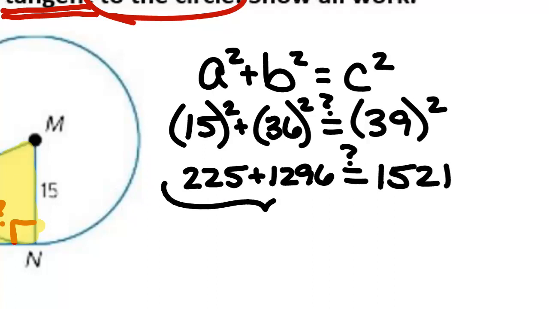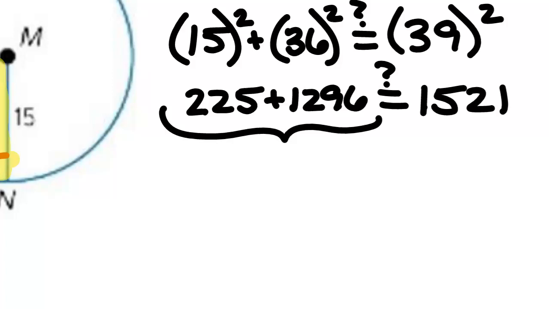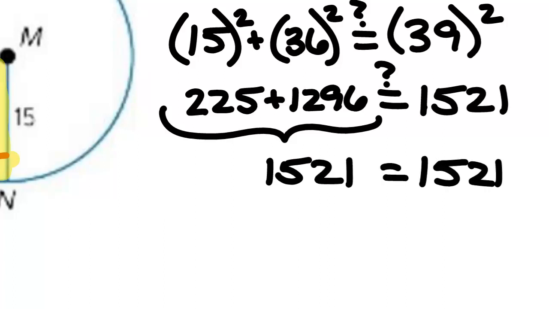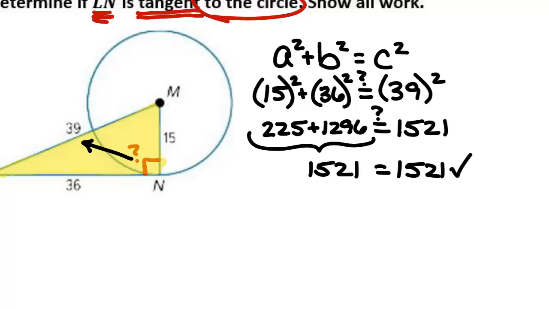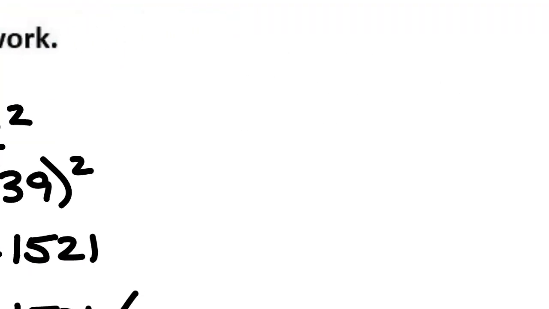1521. What do we get when we add 225 and 1296? 1521. Did my two sides come out the same? So what does that mean? It is tangent, yes. So I would say yes.